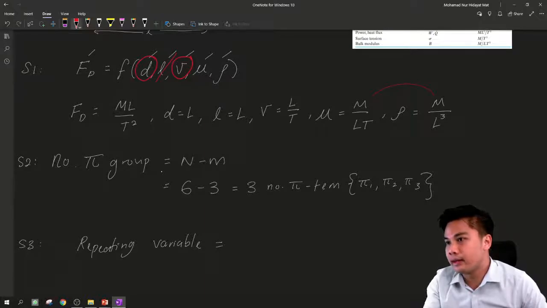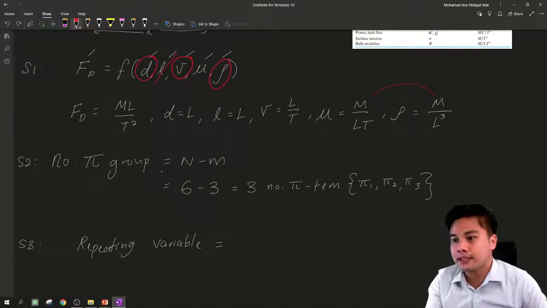We cannot use two of them; we need to choose only one. For simplicity's sake, we use rho, because it has a single dimension, M, while mu has three dimensions, MLT. So we choose this one. Alright, we have 3 repeating variables.